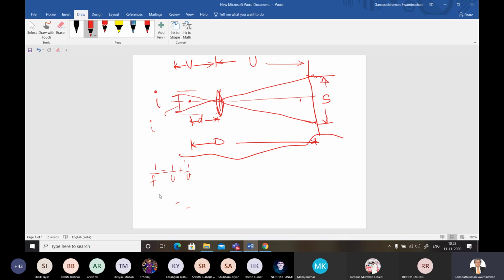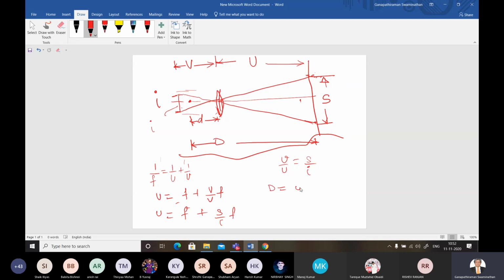When I multiply by UF, what do I get? U is equal to F plus U by V into F. And U by V is equal to S by I. So I substitute it: U is equal to F plus S by I into F. But what is D?